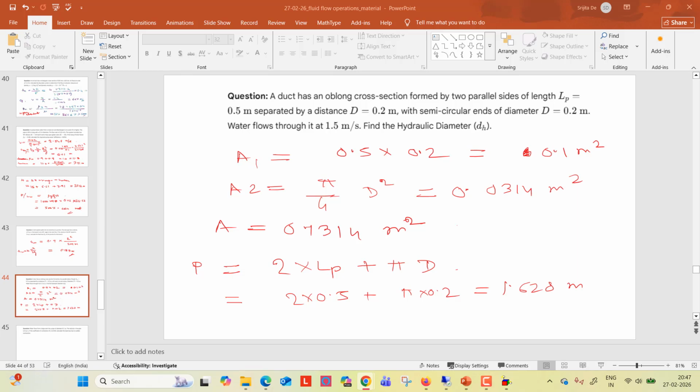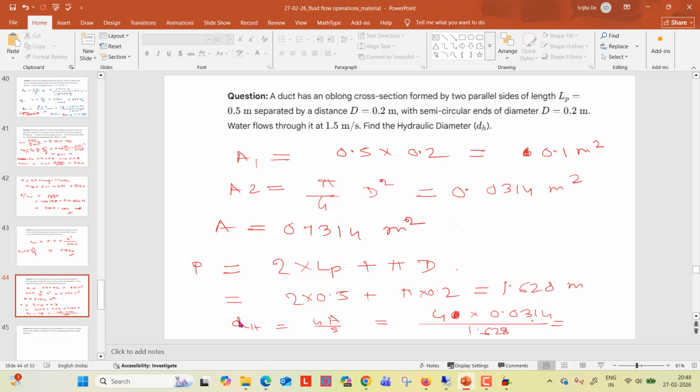Now this is the hydraulic diameter. So hydraulic diameter DH is 4 into A by S. So 4 A is 0.0314 by 1.628.